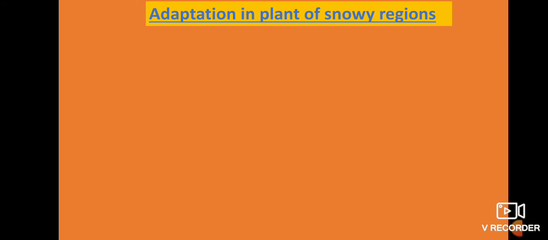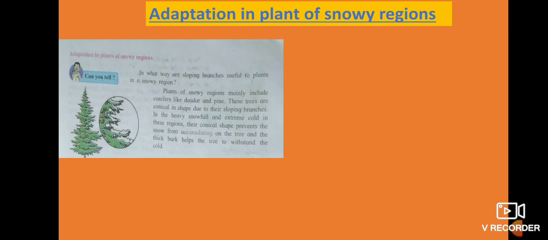Now, adaptation in the plants of a snowy region. How do they adapt in the snowy region? Plants of a snowy region mainly include conifers like deodar and pine.